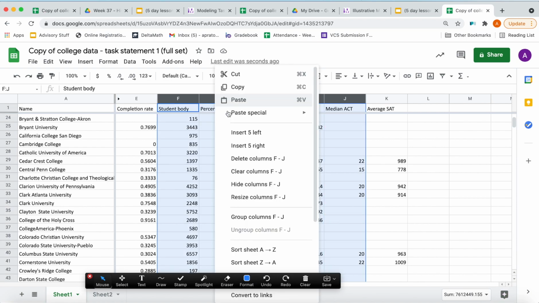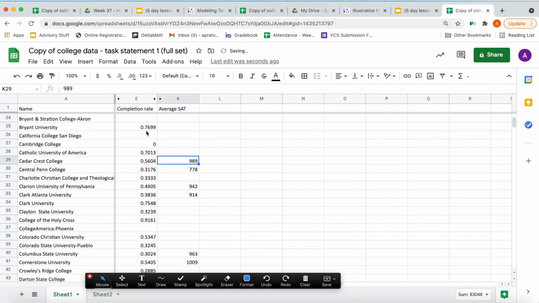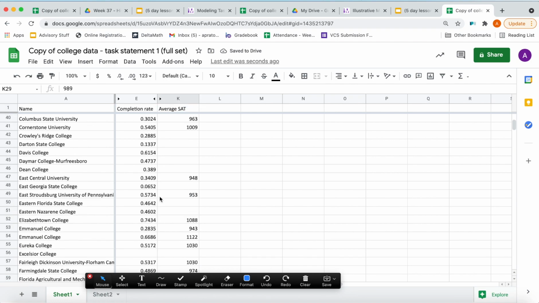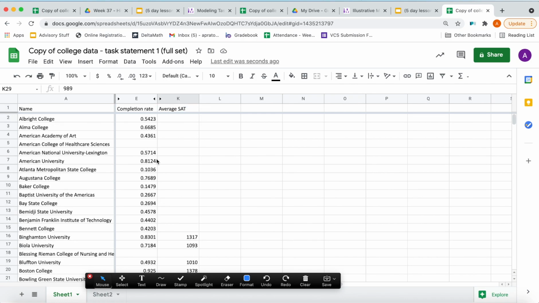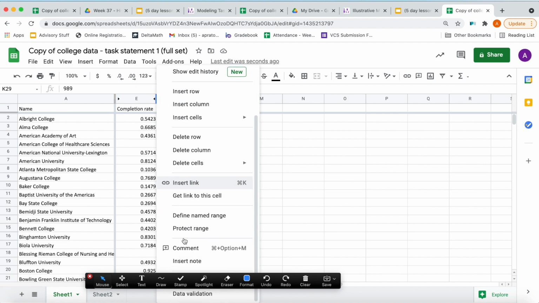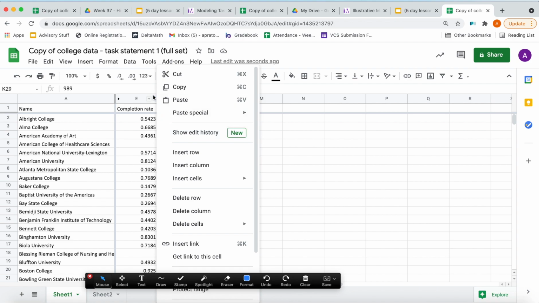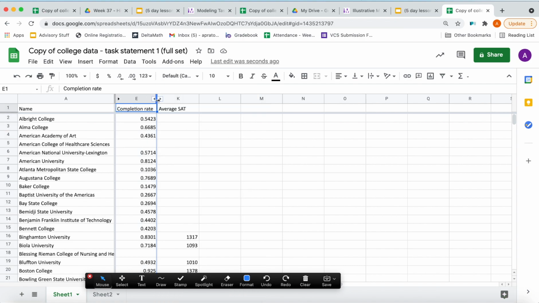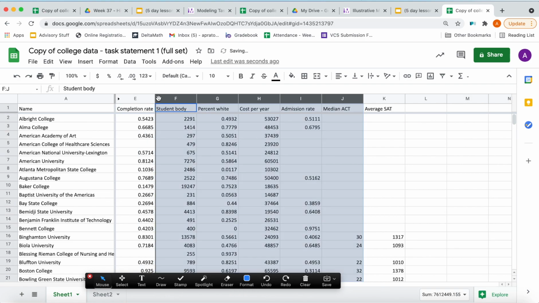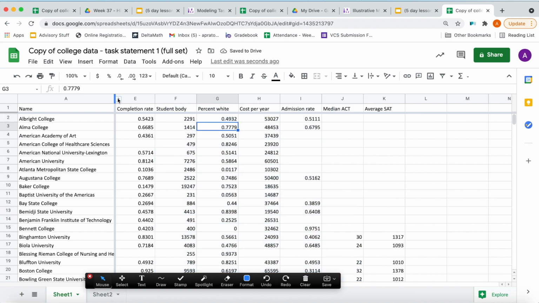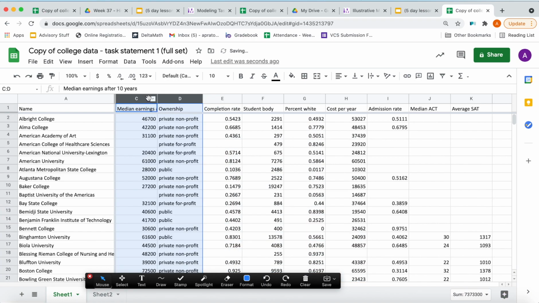So I'm going to hide these. You're just highlighting the columns and then pressing hide. And now you can see those relationships more clearly. And then to unhide them, you right click, and then you're going to press. There you go. You can click that little arrow, and that's going to unhide them again for you.